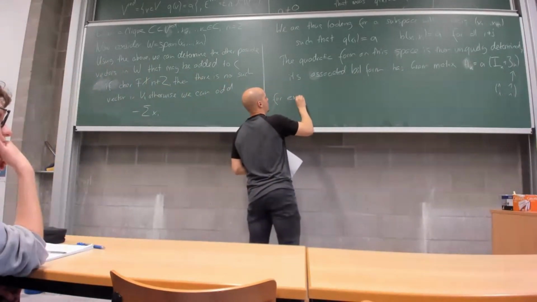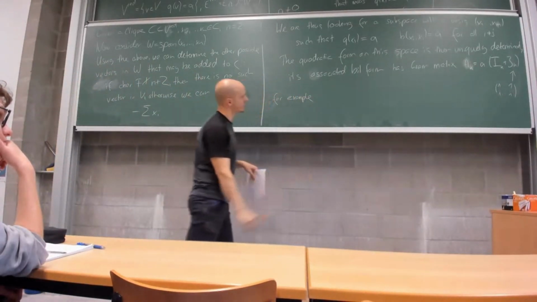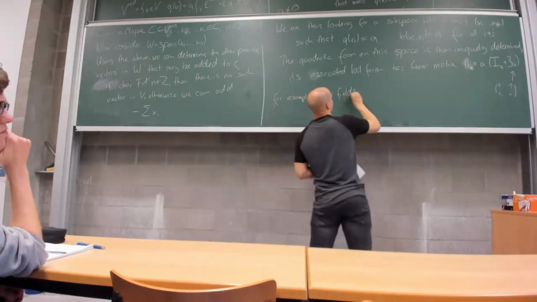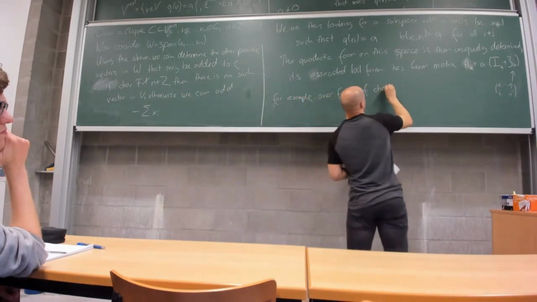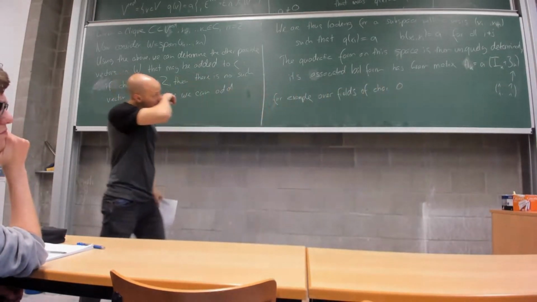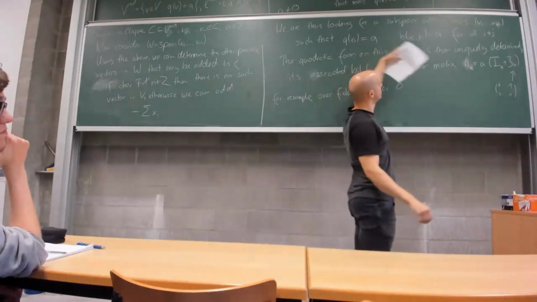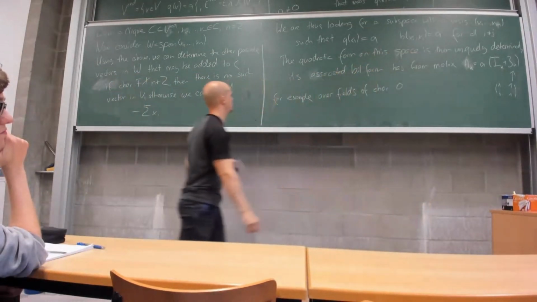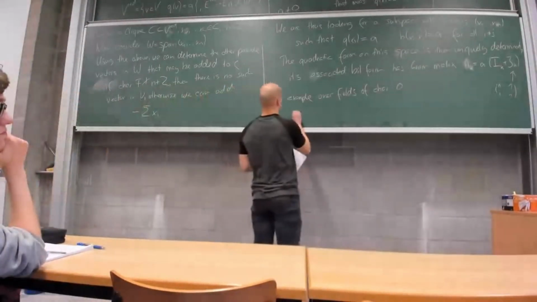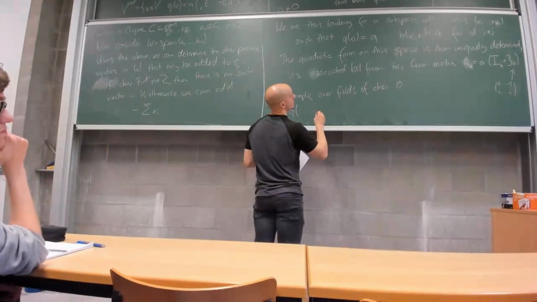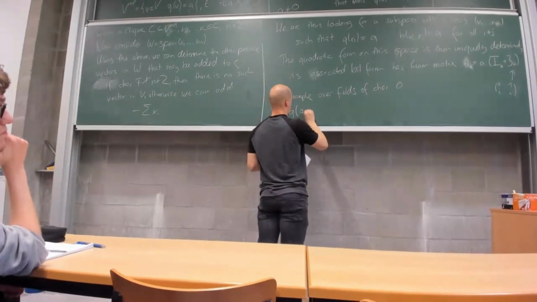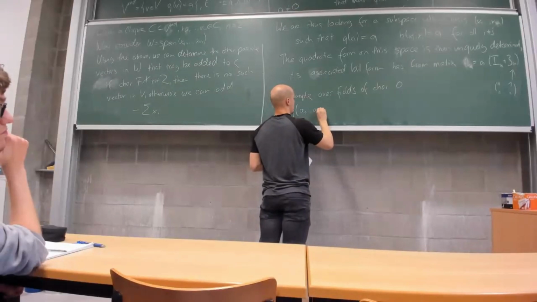Let me write down an example of a field of characteristic 0. This is just a quadratic form that looks as follows.